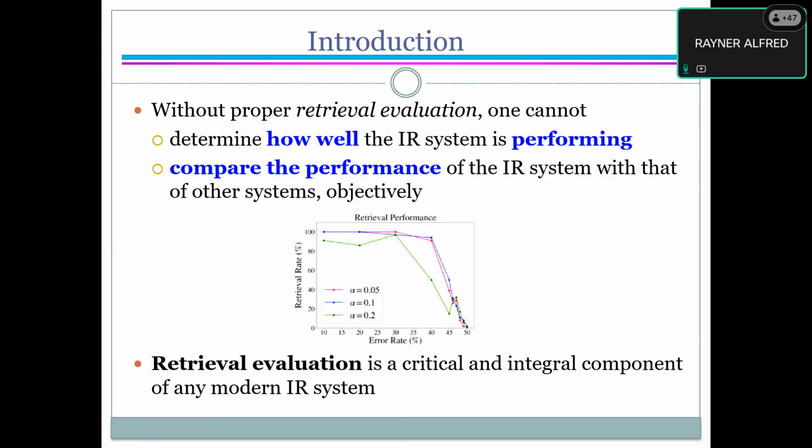Okay, so we need these metrics in order to compare the performance. And this retrieval evaluation is very critical, and it is a component of any IR system. Okay, so today we will learn how we evaluate the quality of the result that we get.